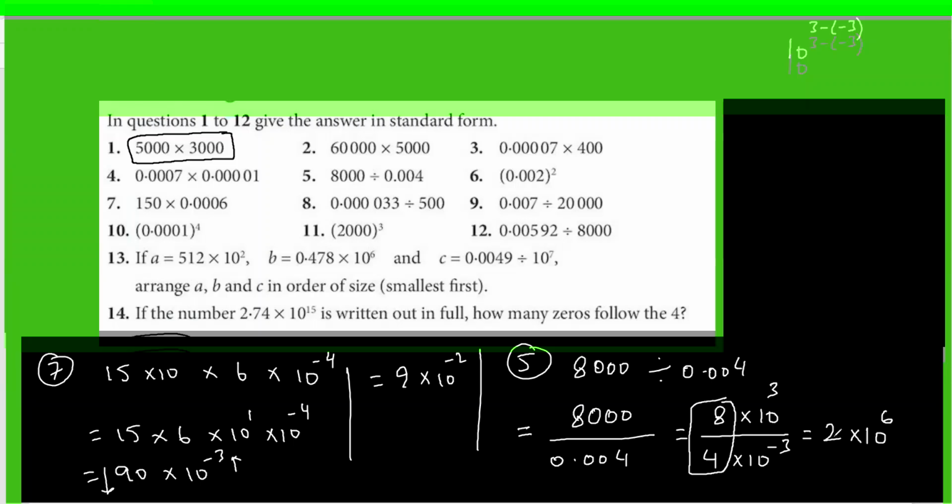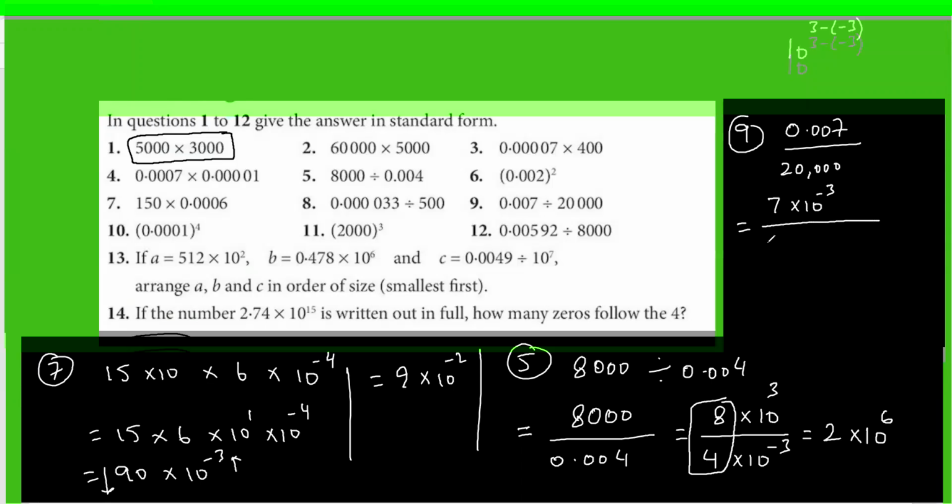Okay? Look at this ninth question maybe. You have 0.007 divided by 20,000. Now, we should write this 0.007 in the standard form. This will be 7 into 10 raised to power minus 3.